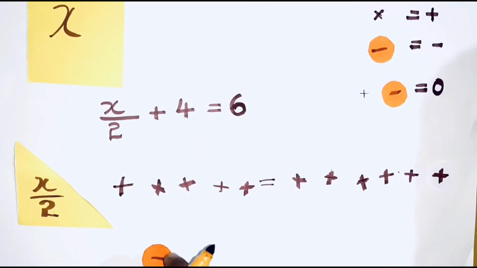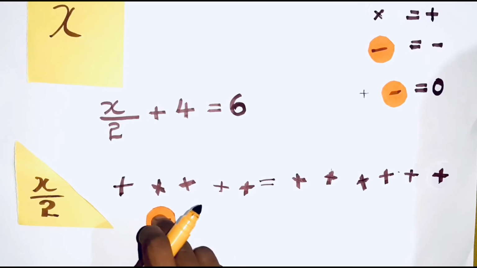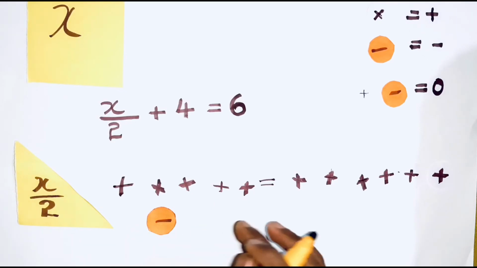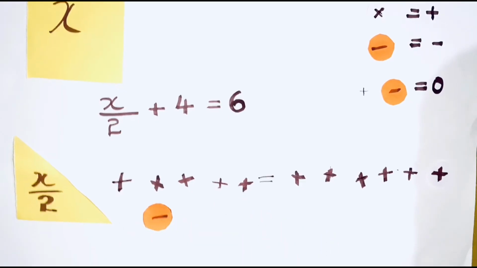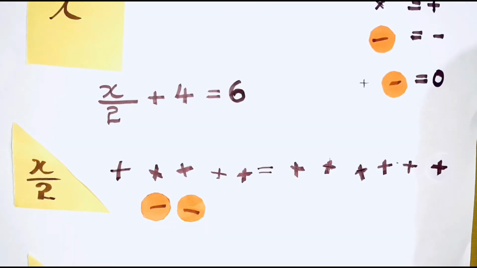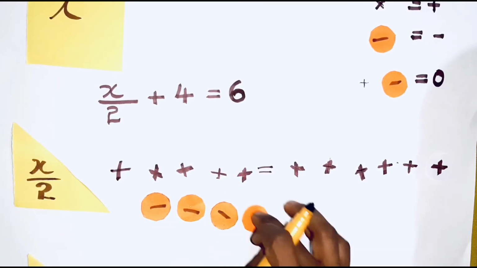Now we'll give negative counters on the left hand side, 1, 2, 3, 4.